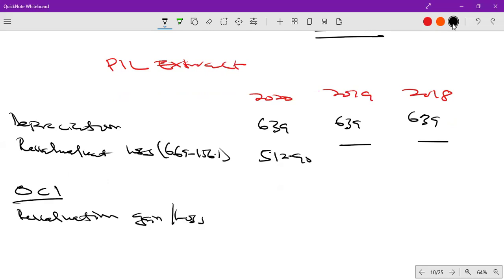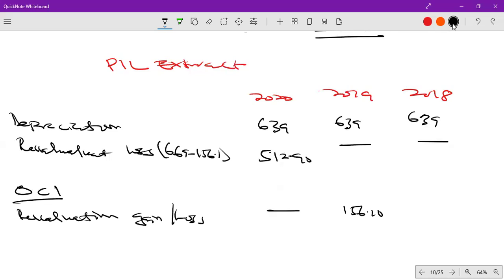What was the revaluation gain in 2019? 156.1. That's all. Would there be any gain here in 2020? There is no gain here because the loss has been transferred to the P&L.